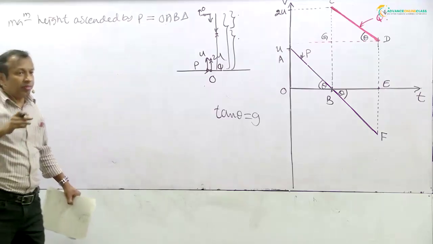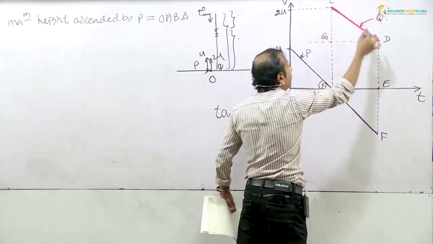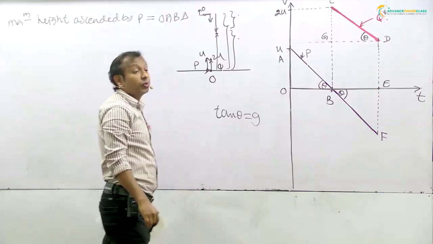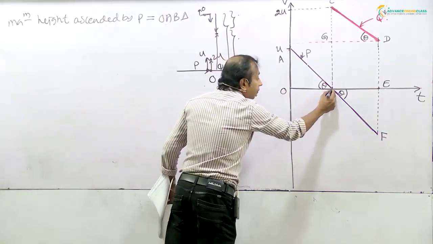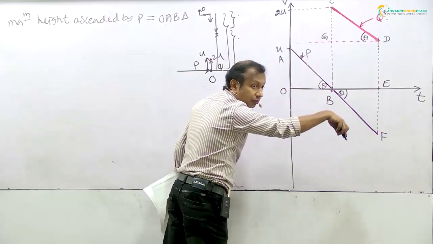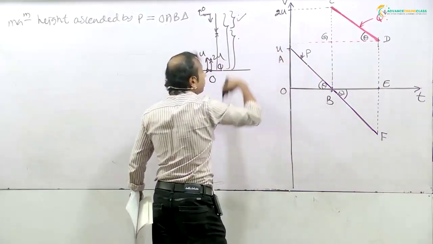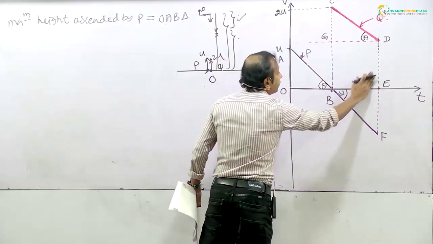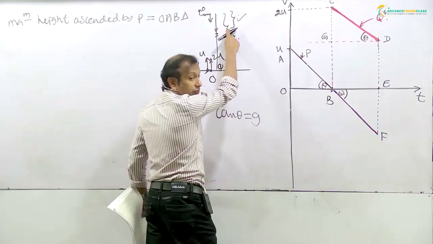People, what can you say about this area? BCDF area. BCDF area should be equal to what? This is the moment P begins to move down. This is the VT graph. This is the area. What is this area? Area ascended by Q just before meeting.